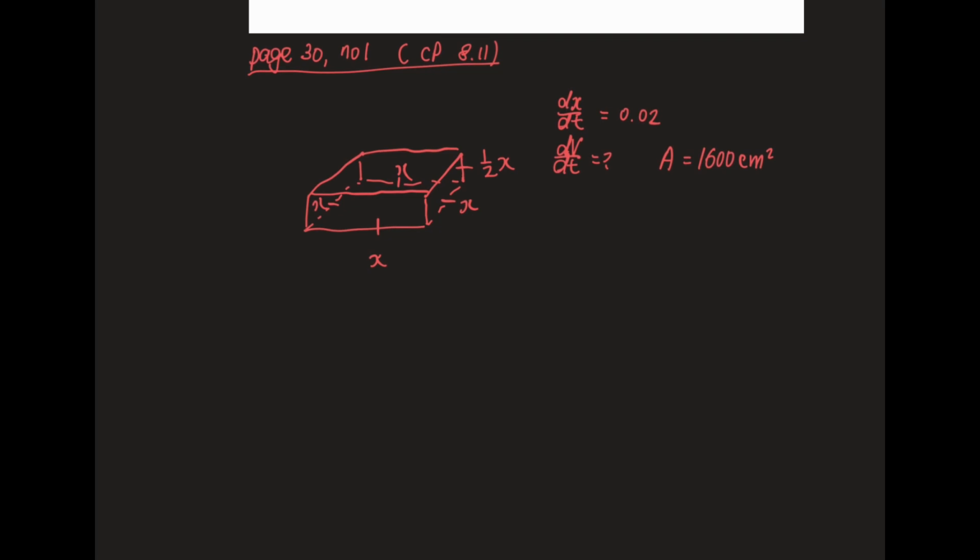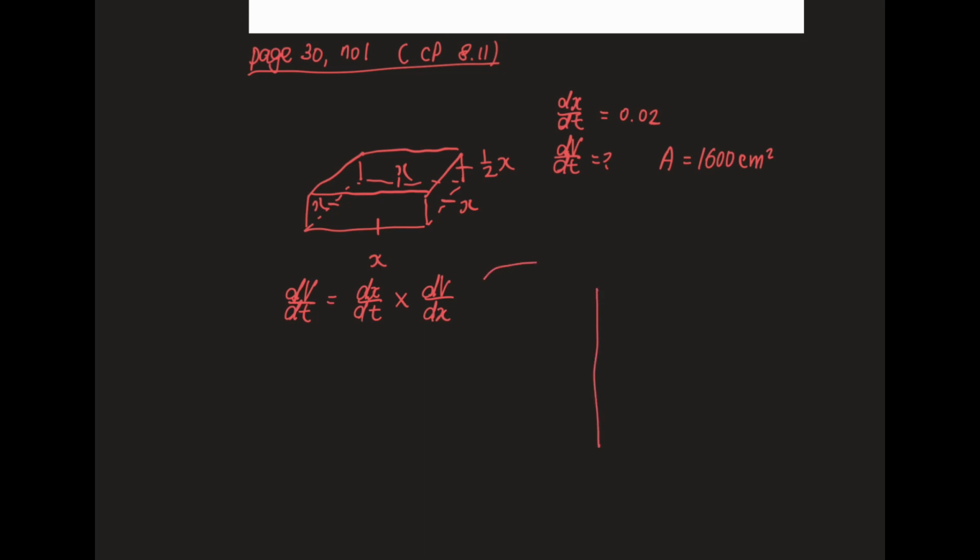Okay, so now what we need to do is use the chain rule to relate the derivatives. What they ask, we put on the left. Given information, put on the right. Then we have to balance this equation by multiplying with dv over dx. Now dv over dx is known as the extra derivative.